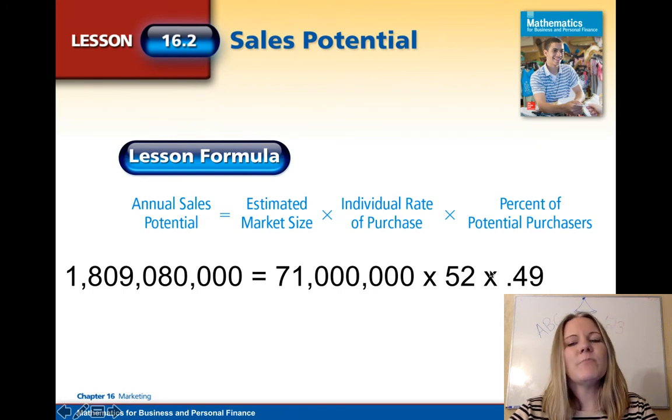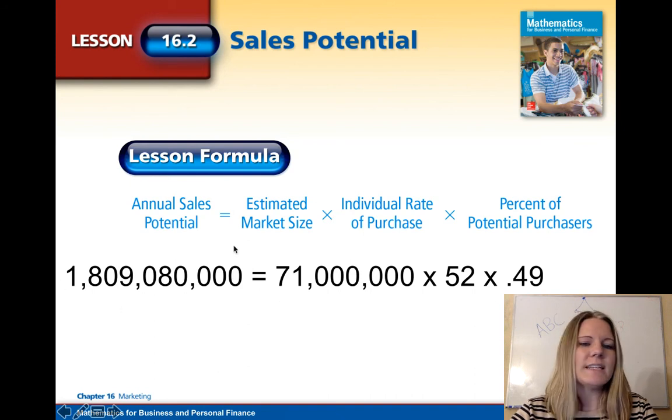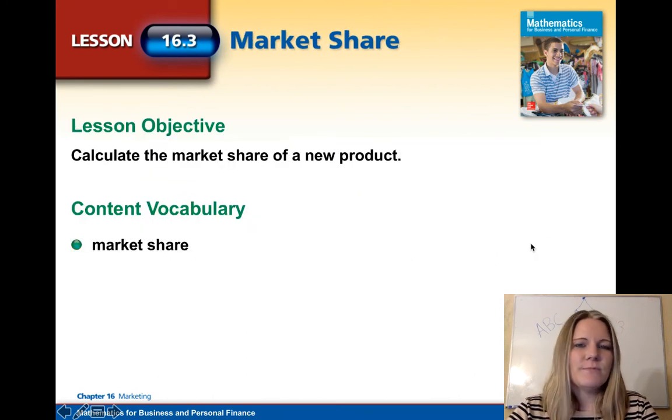If you drink about 52 sodas in a year, that's about one a week, that might be an individual rate of purchase. And Coca-Cola might estimate the market size for soda about 71 million people. Multiply those all together, Coca-Cola needs to make about 1,809,000,000 cans of soda a year in order to fulfill its market share.